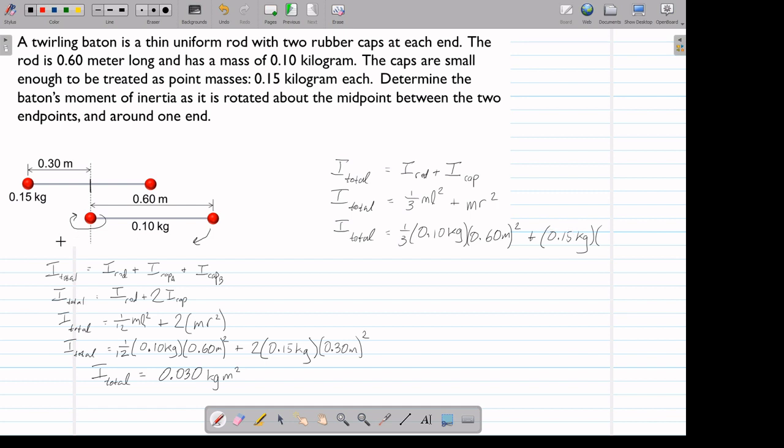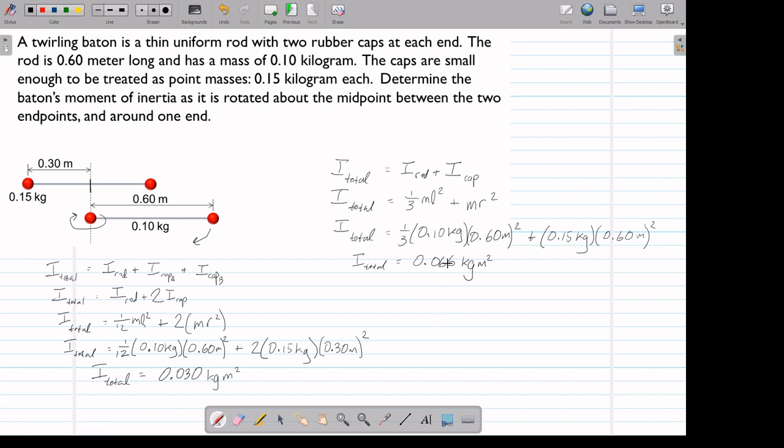And the radius of rotation, since it is swinging around the entire length of the rod, this time is going to be 0.60 meters, and then we have to square that. So you punch all this in and hit enter, and your calculator will tell you that the moment of inertia for this system is 0.066 kilograms times meters squared.